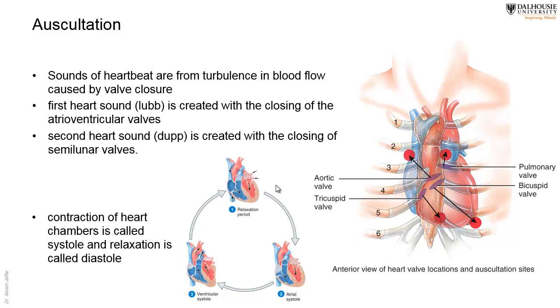So lub, dub, lub, dub. That's how the heart sound is heard when you put a stethoscope on your chest or the chest of a patient. The second heart sound is created by closing of the semilunar valves, which are the pulmonary and the aortic valves.